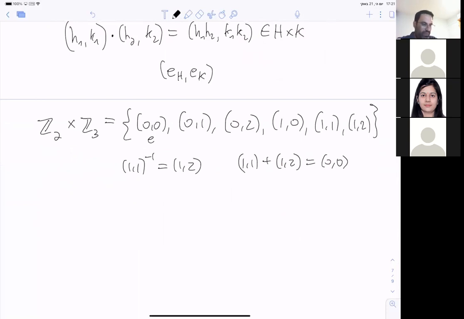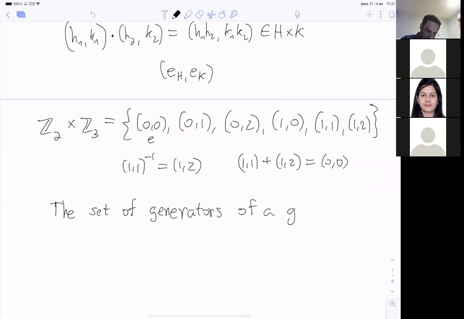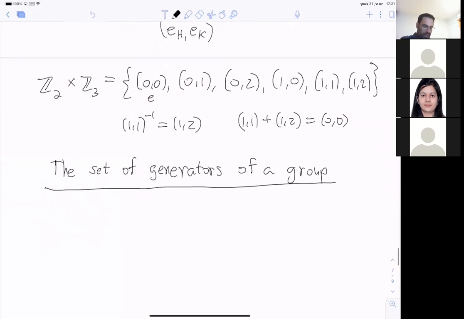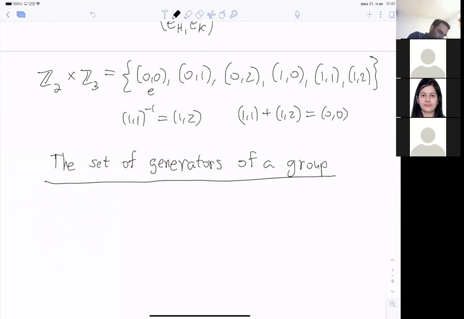Now we want to talk about the set of generators of a group. So let me begin with a cyclic group.